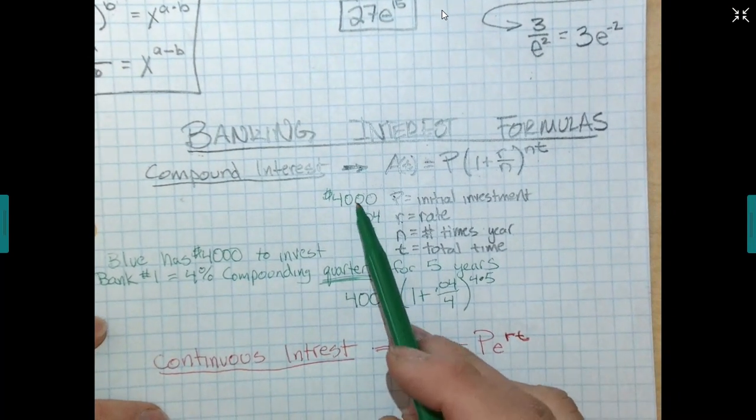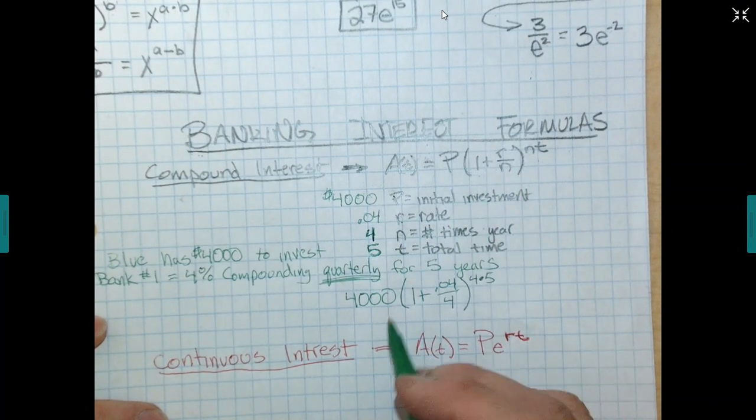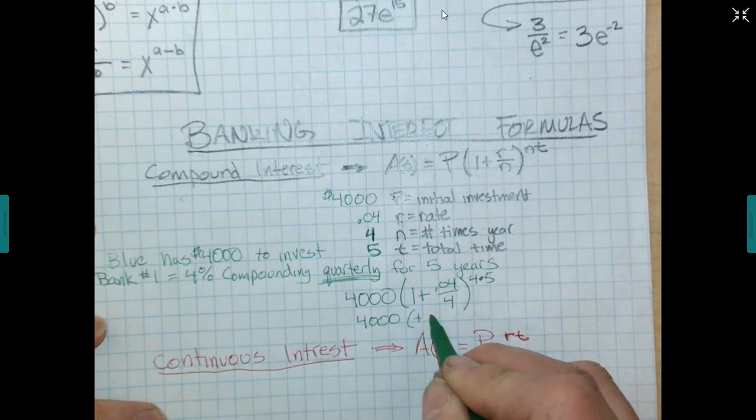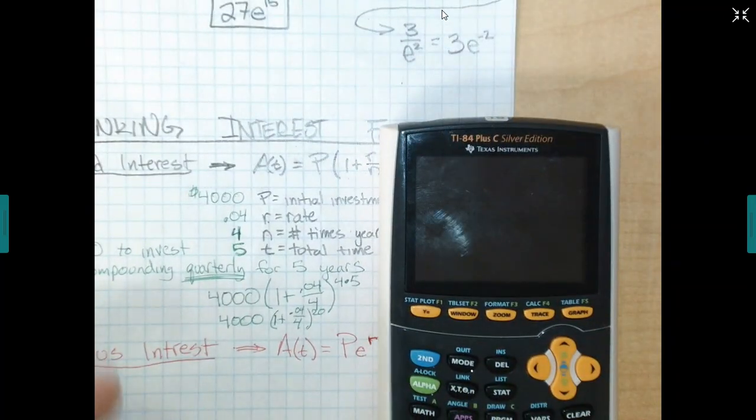So all I had to do is know what was what, and then I could plug it into my equation. So now I have 4,000 times 1 plus 0.04 over 4 to the 20th power. Now I could totally do that in my head, but I'm not going to. Just kidding, I can't do that in my head.